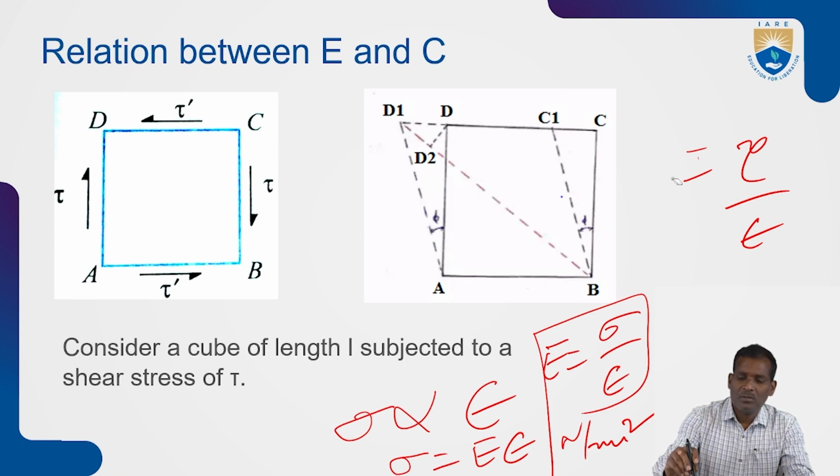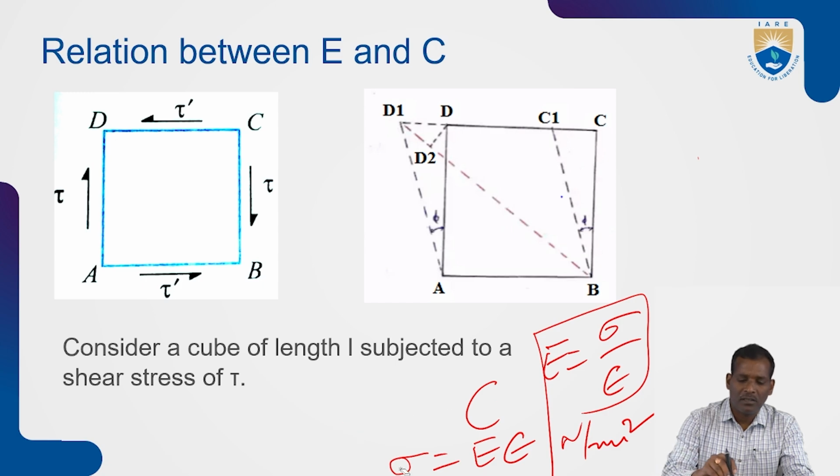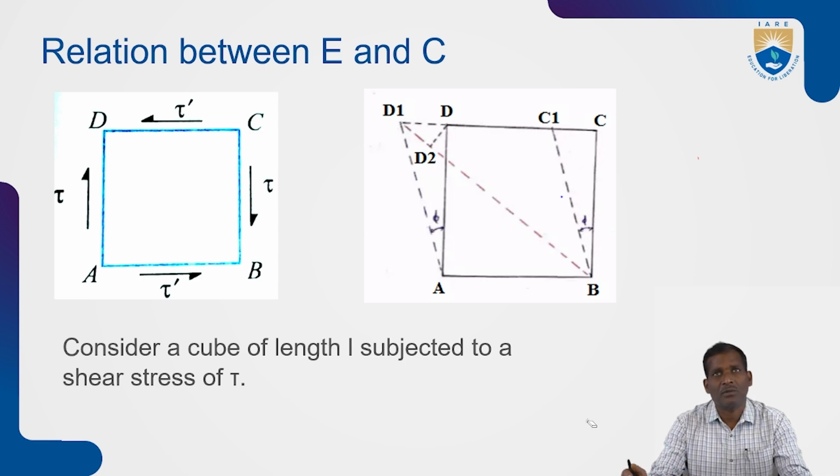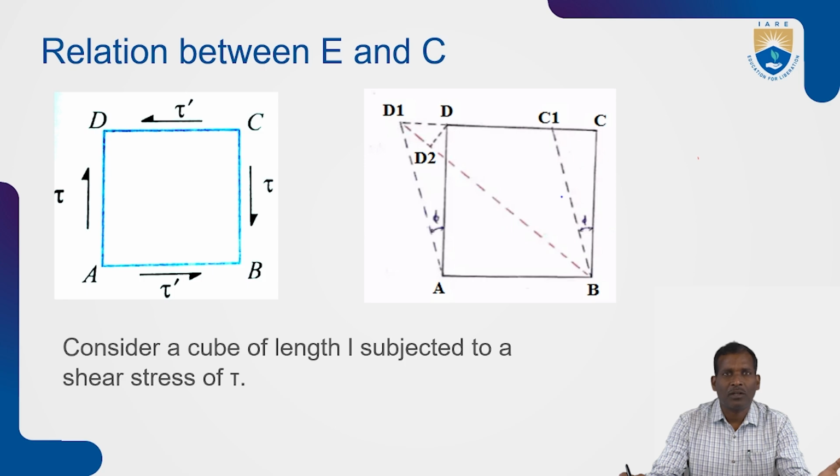So now we will see the relation between these three. First we will see the two constants, and then the third one is volumetric strain and bulk modulus. You will see this in the coming slides.